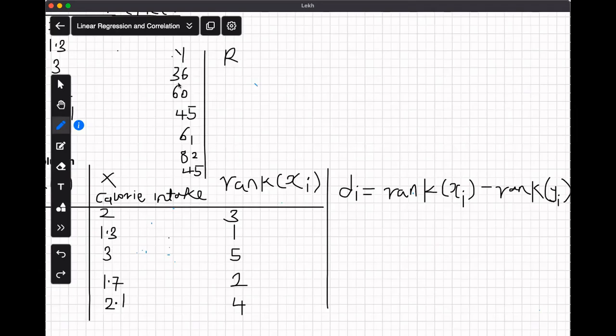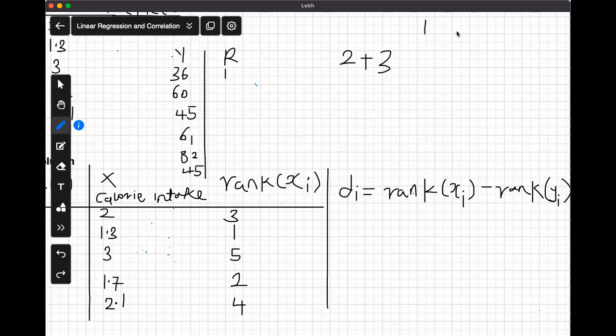Now, the rank of 36 will be 1. The rank of 45, this time around, will be, what's the next rank you get? Ordinarily, this should have been rank 2, and this should have been rank 3. Is that true? Yes, sir. But because they are the same number, we cannot write 2 and 3 here. So just like we did before, the reason why we did 1 plus 2 divided by 2 the other time was because that was the first rank we took. 45 was the first number we ranked.